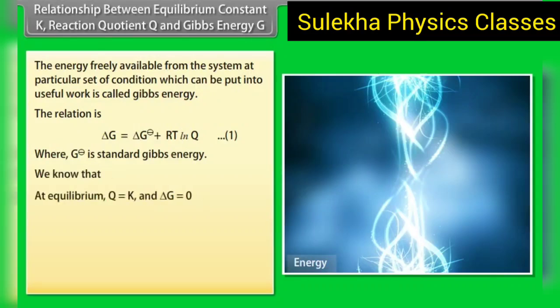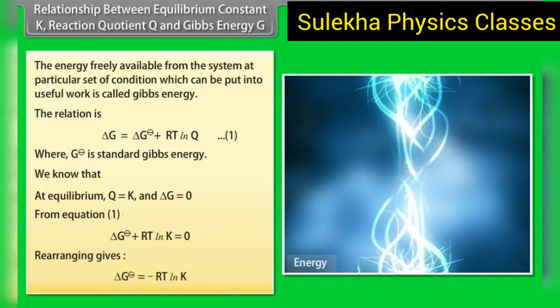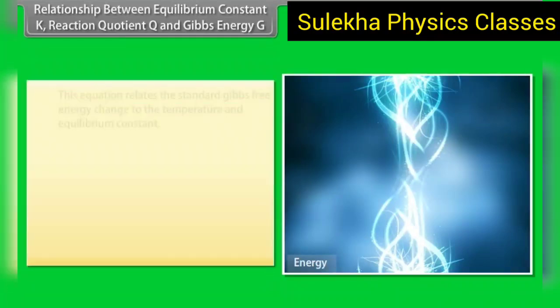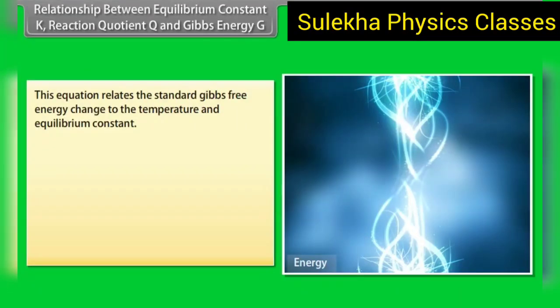We know that at equilibrium Q is equal to K and delta G is equal to 0 from equation 1. Rearranging gives: this equation relates the standard Gibbs free energy change to the temperature and equilibrium constant.